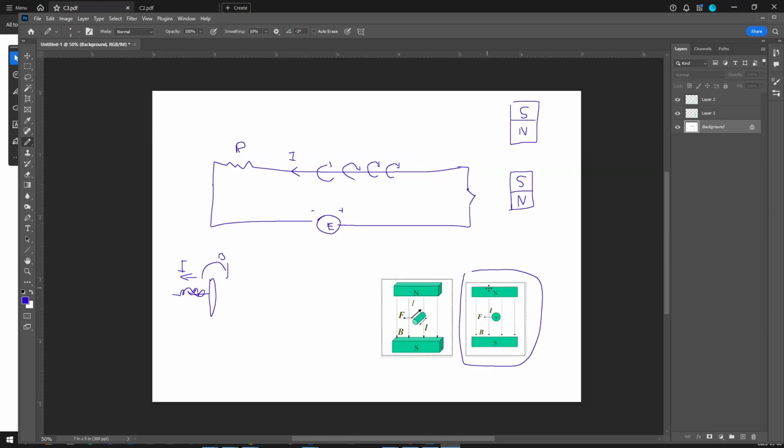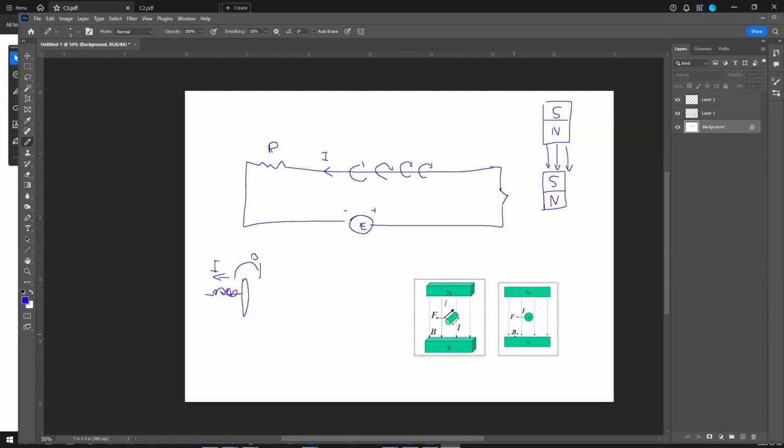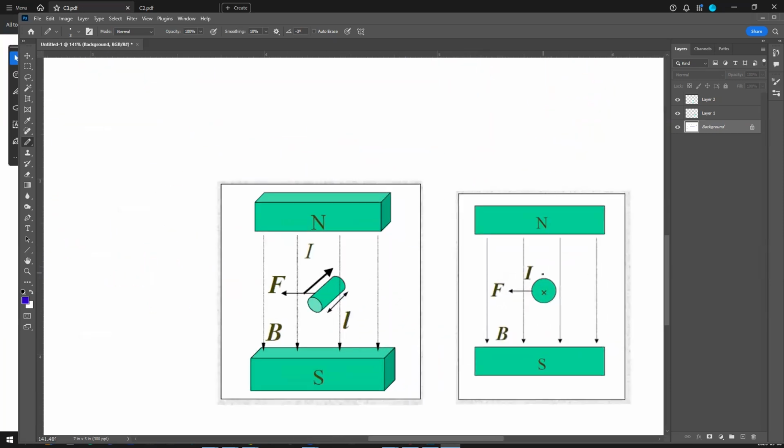No, it's not. For simplicity, we're going to draw it this way. Then, of course, the magnetic lines are going to have this direction from north to south, just as shown right here.